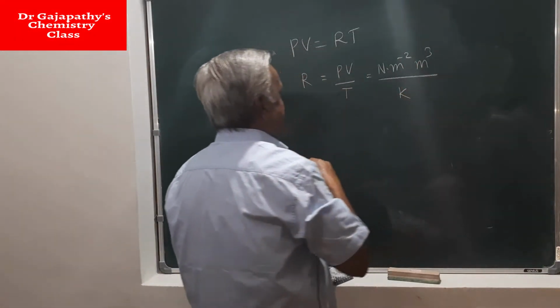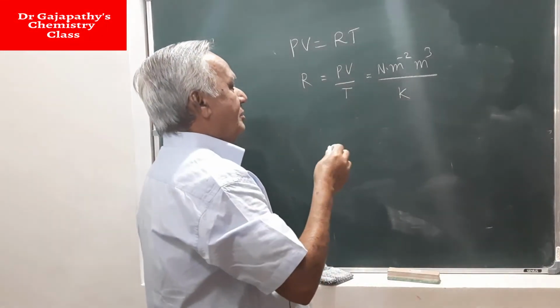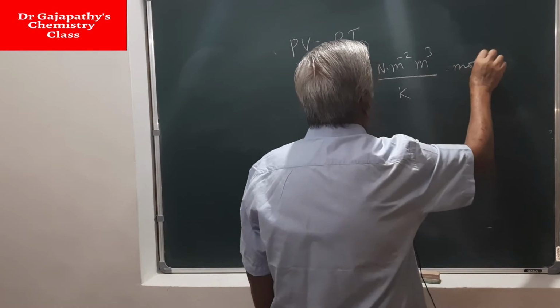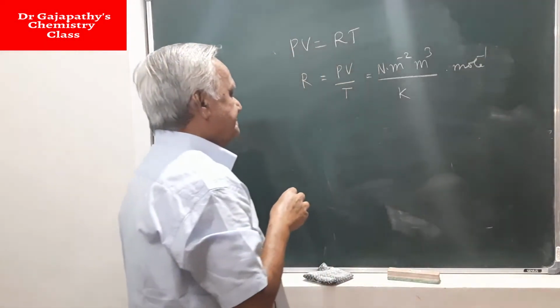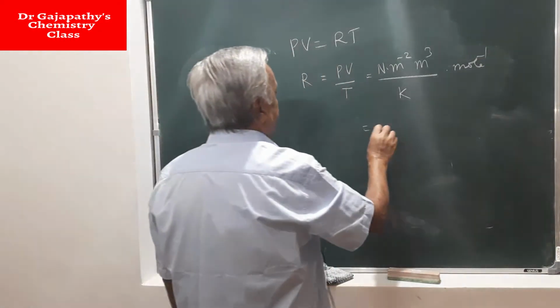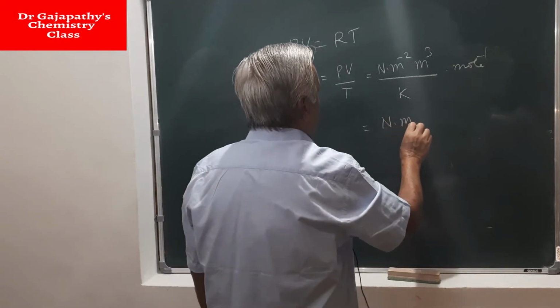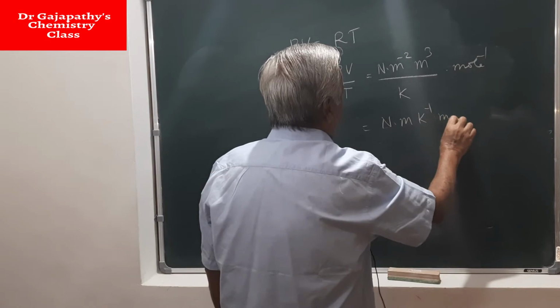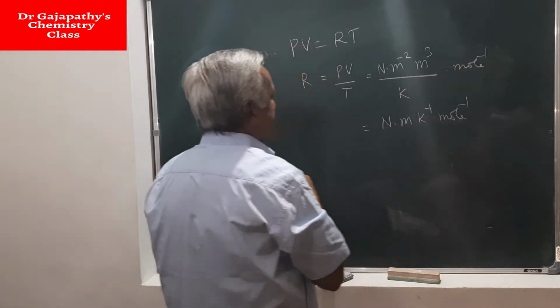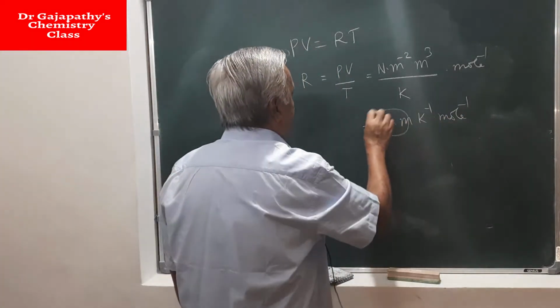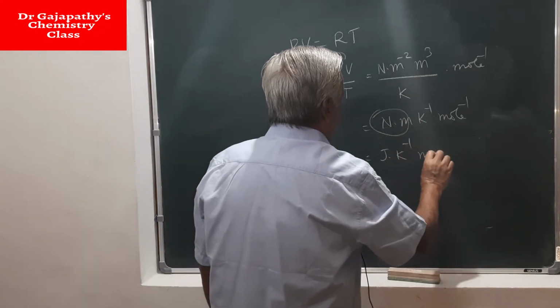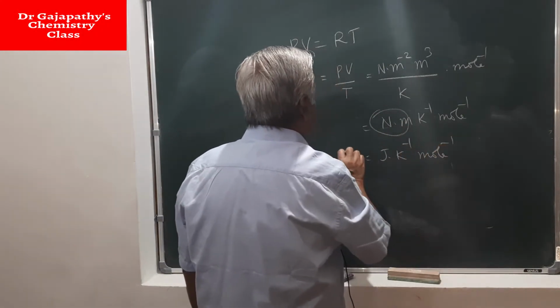T is Kelvin. For 1 mole, per mole. That is equal to Newton into meter per Kelvin per mole. Newton into meter is nothing but joule. It is joule per Kelvin per mole. This is the unit of R.